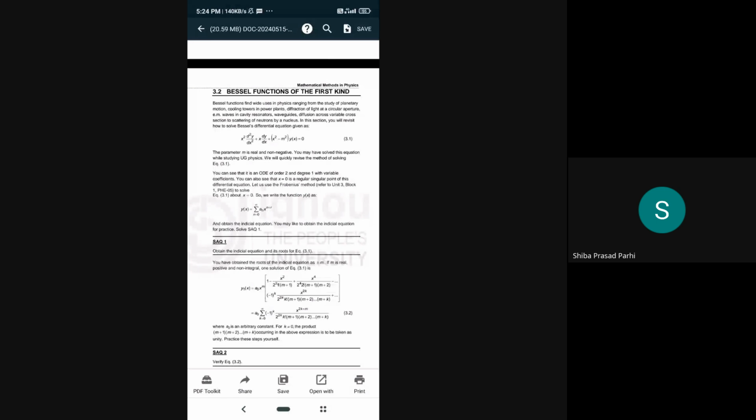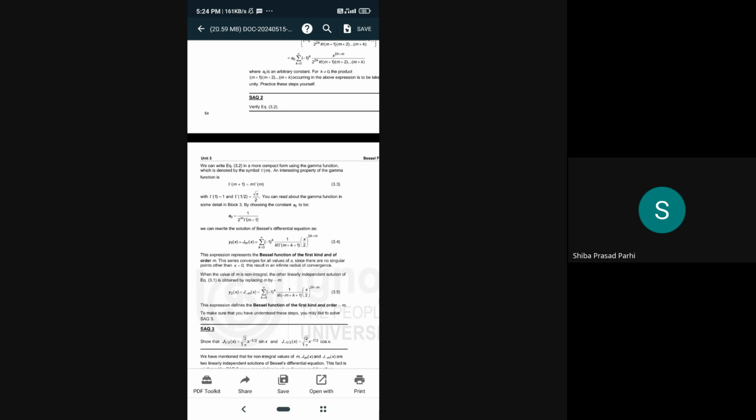We have taken the value of k is equal to 0 and 1 in the earlier case. Here you will have to find the value of r and then solve it. So see, then they have solved by using only 3 equations and 1 page. But you can have a detailed derivation as I have shown you in the previous class, and you can have the recursion relation and solve it.